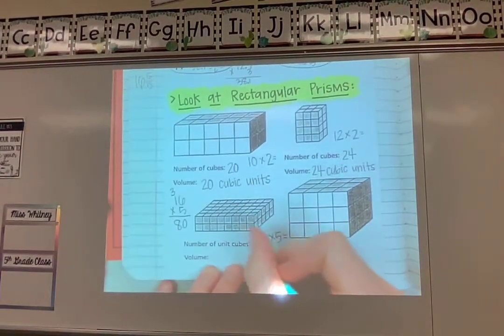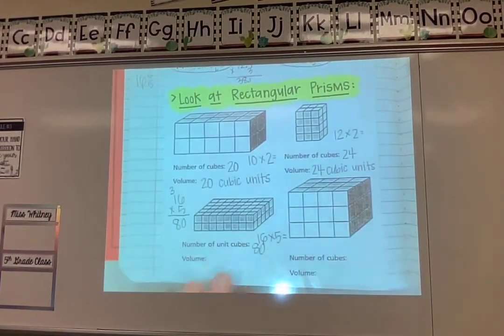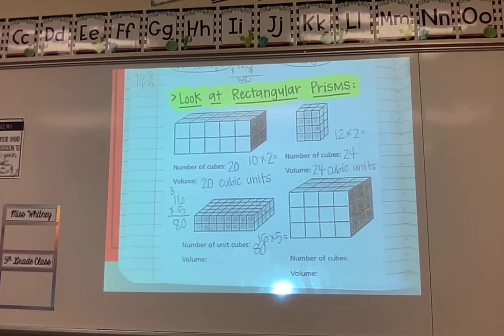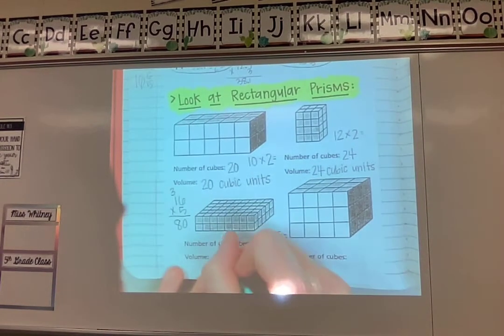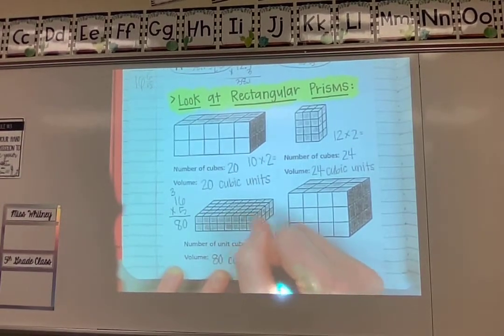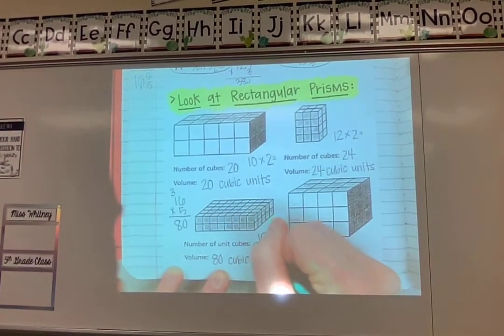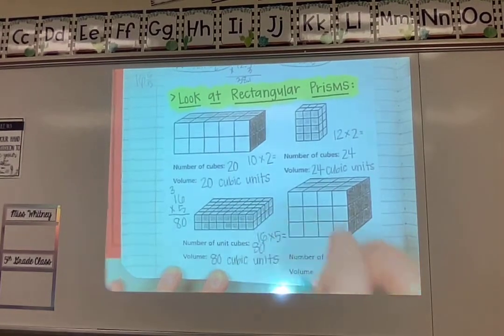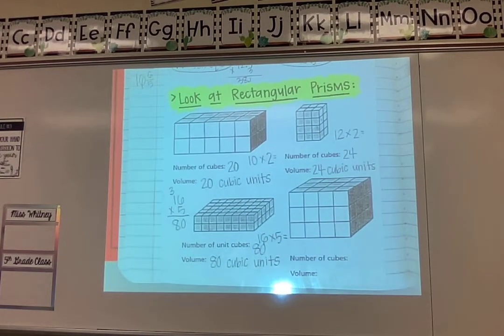So the number of unit cubes, there's 80 cubes that could fit in that rectangular prism. So my volume would be 80 cubic units. However many cubes fit, that's the volume. That's exactly what volume means. It means how many cubes could fit into that rectangular prism, which remember is just a 3D rectangle, kind of like a box.